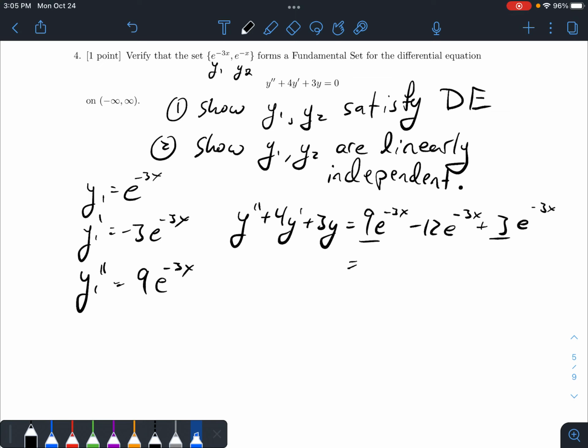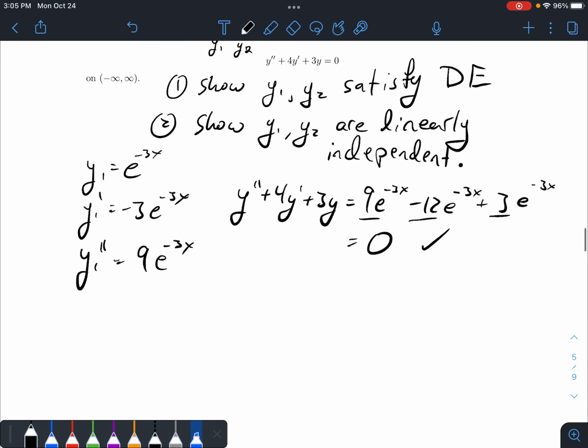So this is equal to 9 plus 3 of something minus 12 of something, which is equal to 0 of something. So it's satisfied. If you do the same thing for y2, it's going to end up working as well.